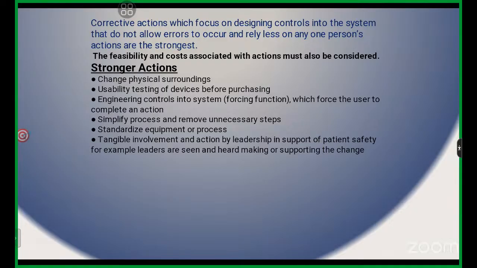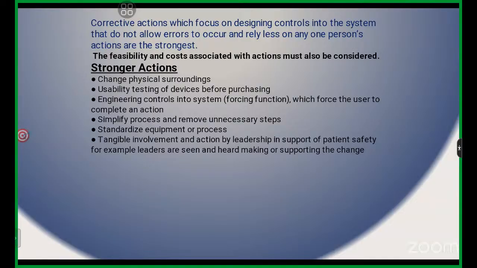Corrective actions will focus on designing controls in the system that don't allow errors to occur and rely less on any one person's actions; those are the strongest. So in feasibility, we also need to consider the feasibility and the cost of the steps that we are taking.